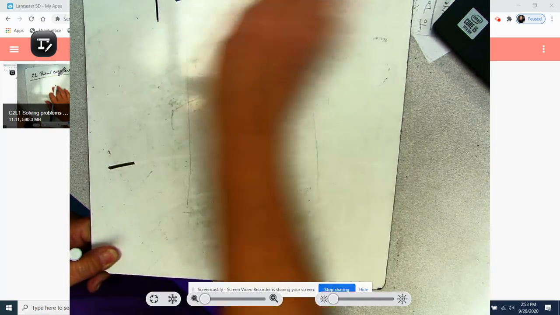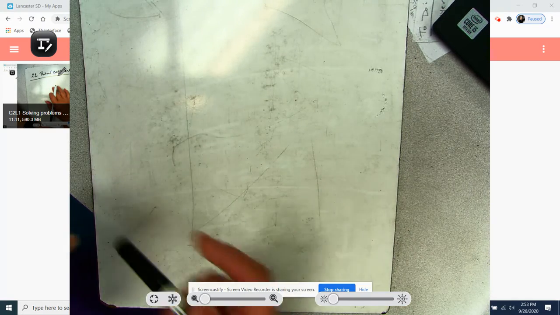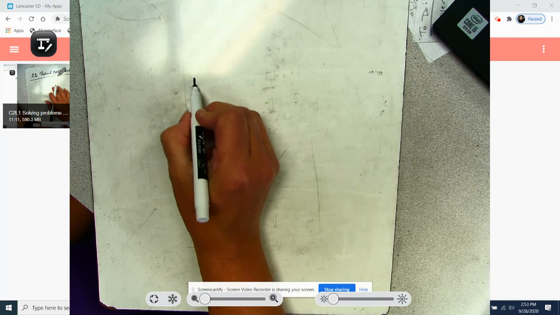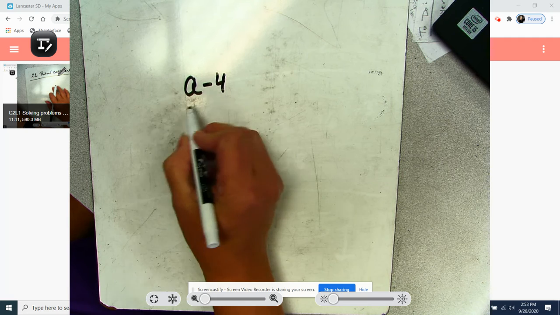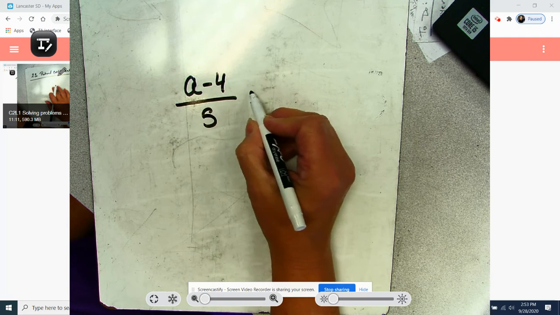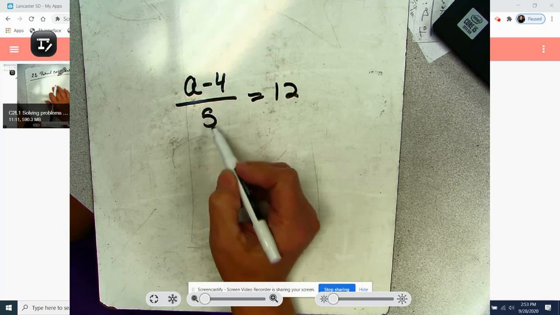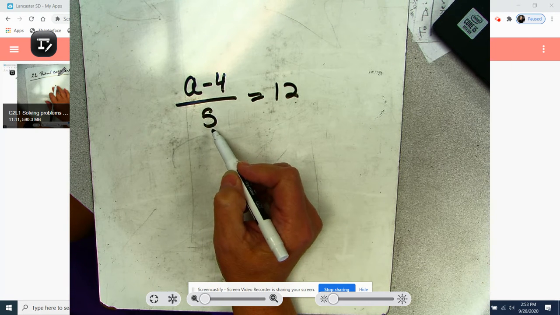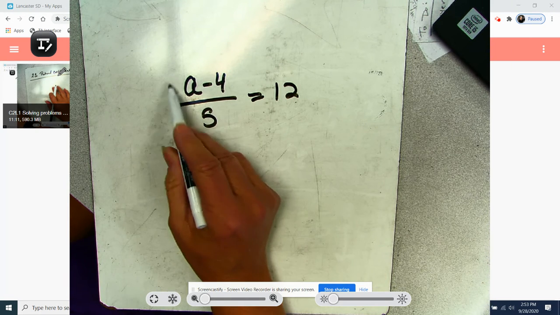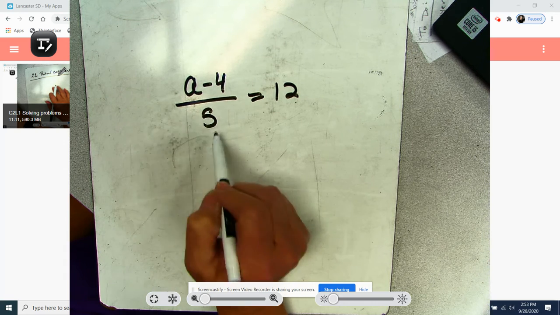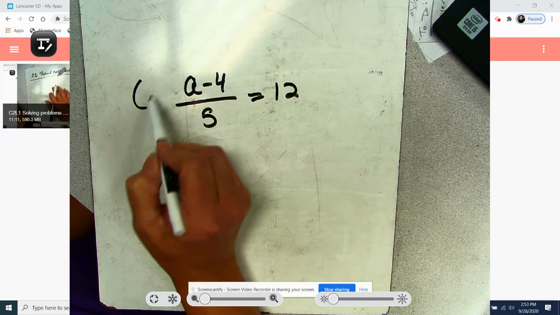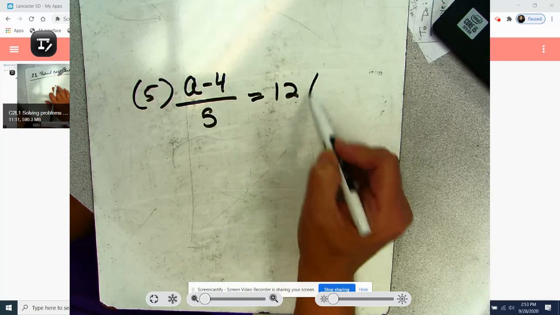Okay? So let me give you one more problem to look at. You have a minus 4 divided by 5 equals 12. This is a division. So if I'm solving for a, the first thing I have to do is get rid of this divide. I do that by multiplying.